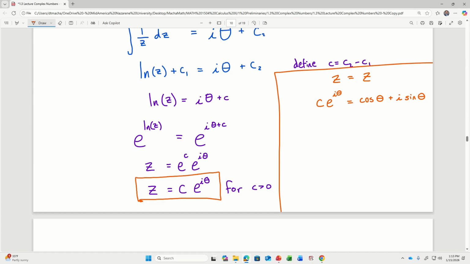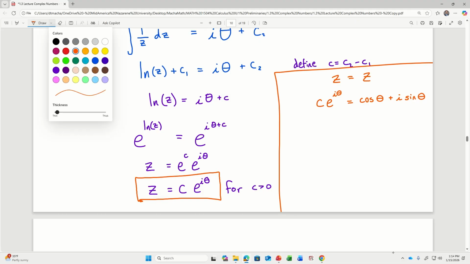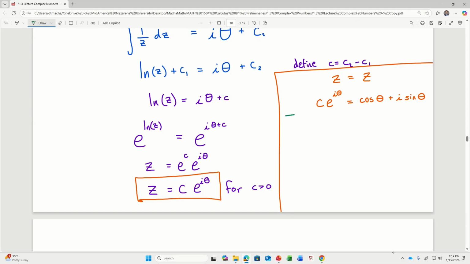and all you really need to figure out is, what is that constant C? And I know that this has to work for all real numbers theta. So let's choose one of those real numbers and see what happens.